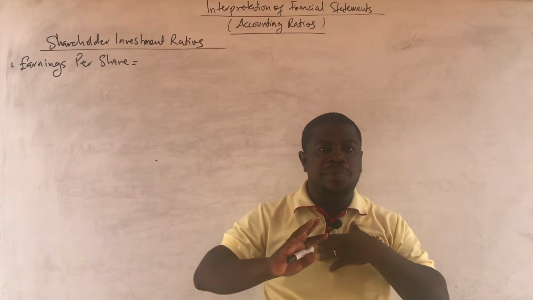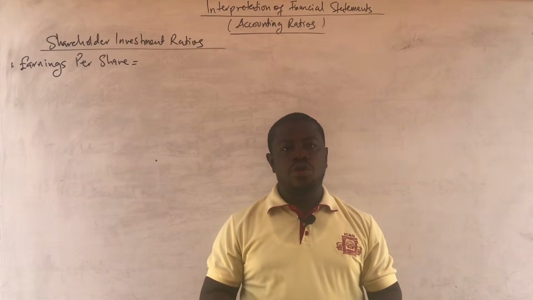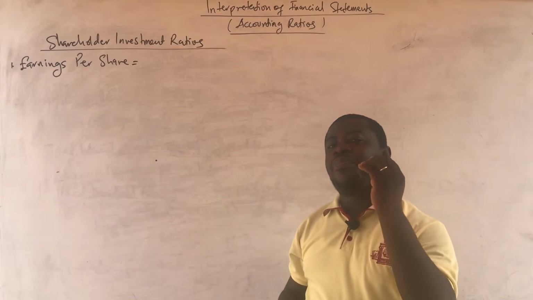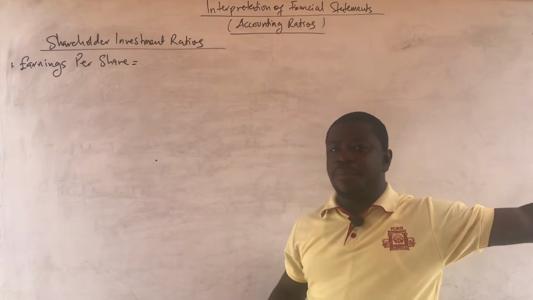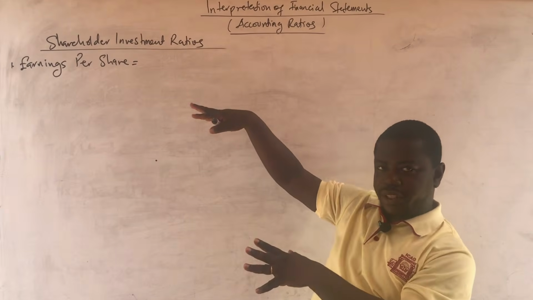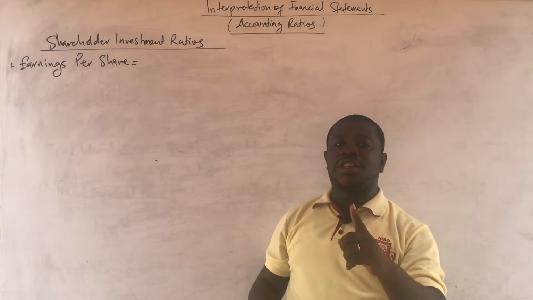You've paid your interest, you paid your tax, and finally paid your preference dividends. So we are going to say that what we call earnings is our net profit after tax minus the preference dividend, because we've already taken off interest and tax in that profit. And so you can now take out your preference dividend, and the resultant figure is called earnings.